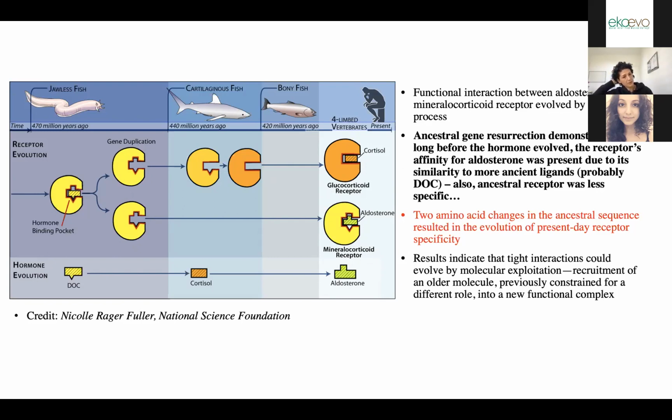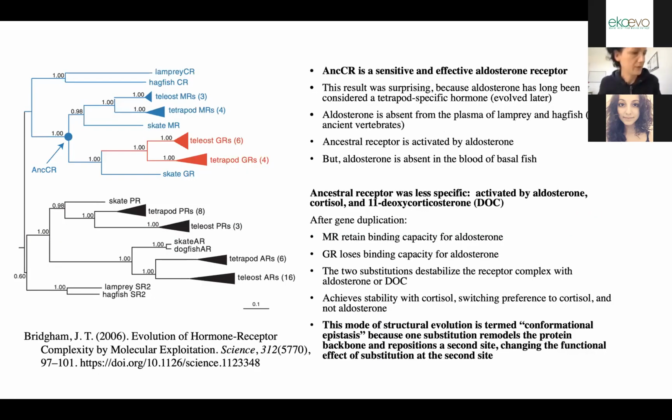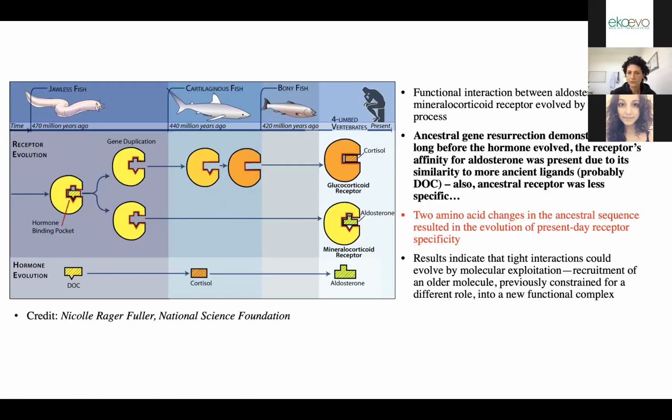This is a very nice example of hormone and receptor evolution. Here, what they concluded is that the receptor evolved first for the aldosterone hormone, and then the hormone evolved.